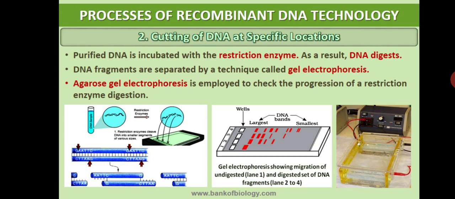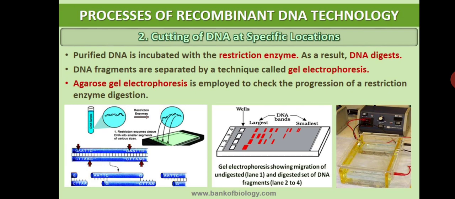What gel we use? Agarose can be used here. Agarose is one of the polysaccharides, and this polysaccharide can be extracted from one of the seaweeds called red algae. Getting my point?